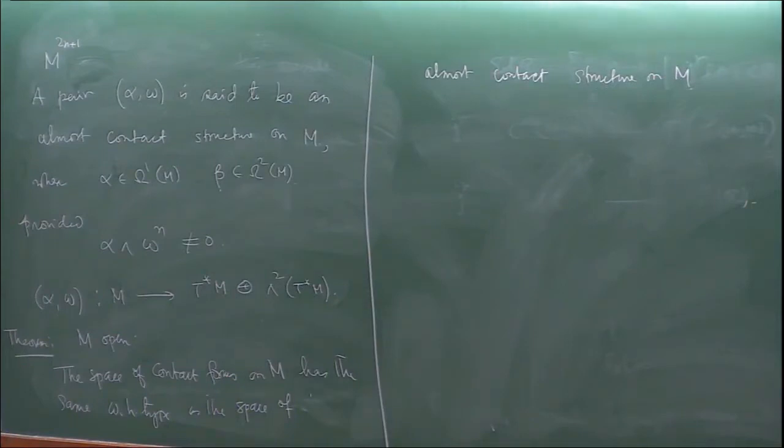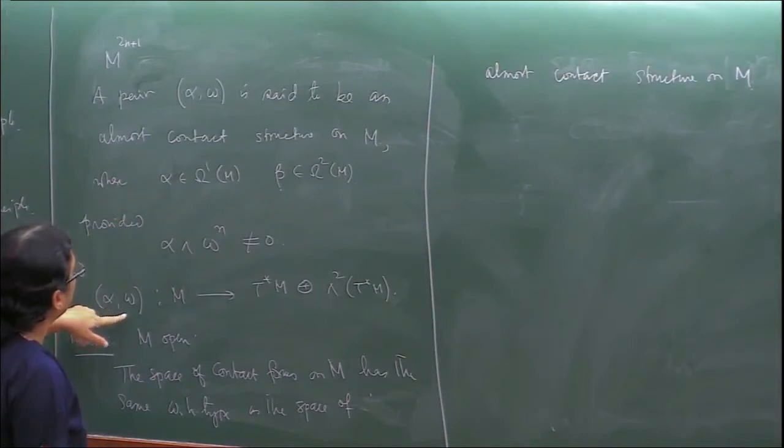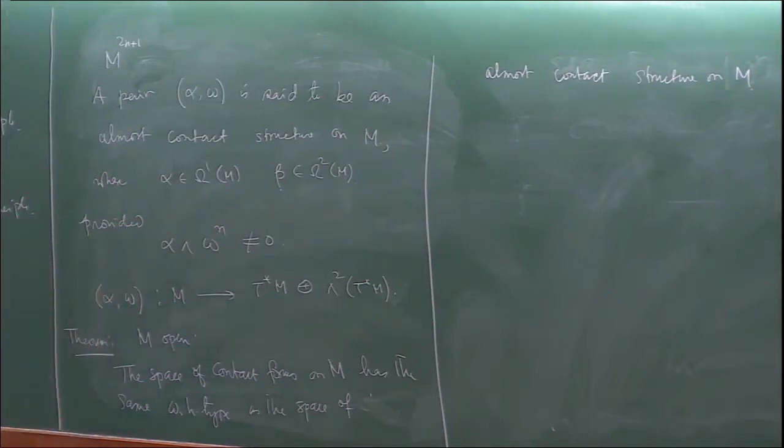Again, just like as we did in the case of symplectic, where the J condition was reduced to the almost symplectic condition, here also the J condition on alpha, which is contact, can be reduced to the condition that some pair (alpha, omega) is almost contact.